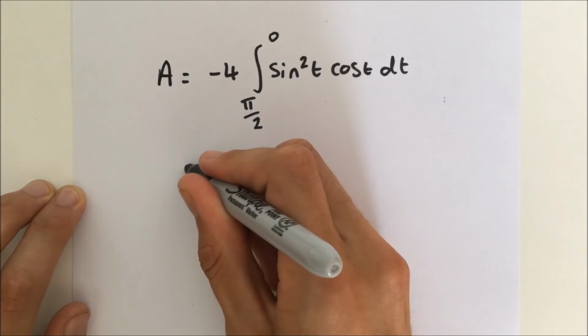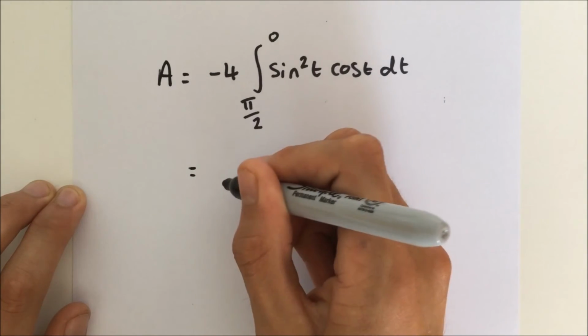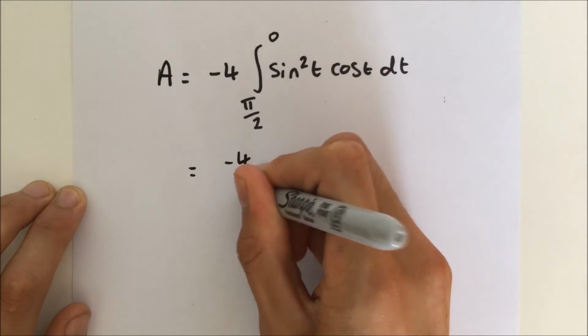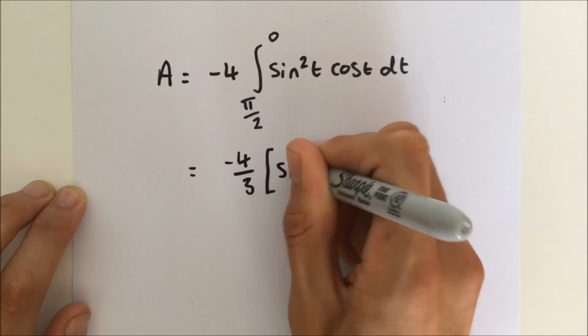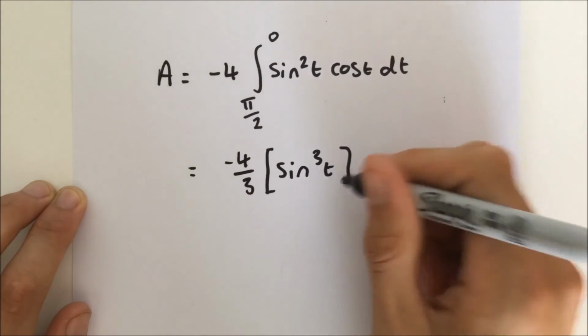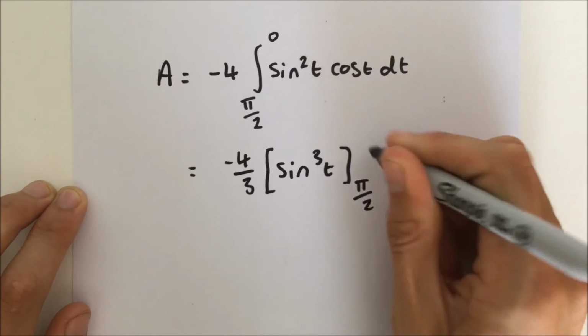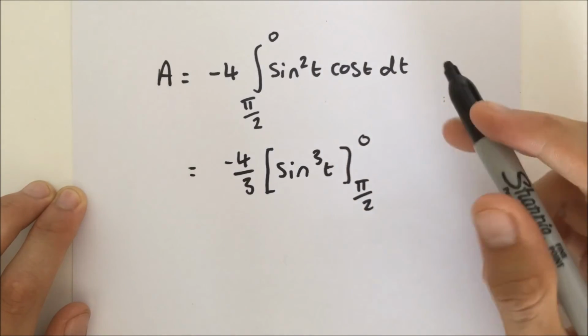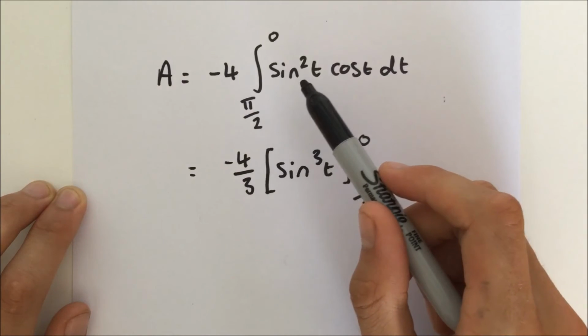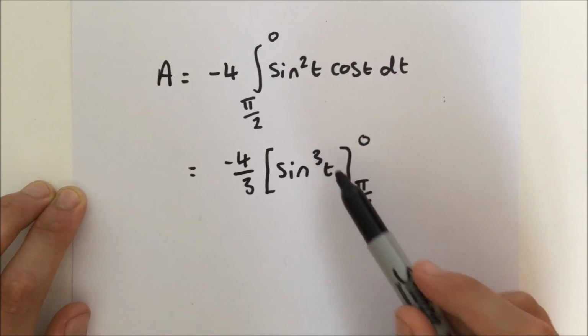Now, what's this integral equal to? I'll show you first. It is negative 4/3 of sine cubed of t from pi upon 2 to 0. At the end of the video, I'll prove to you why the integral of sine squared t cosine t is sine cubed of t.